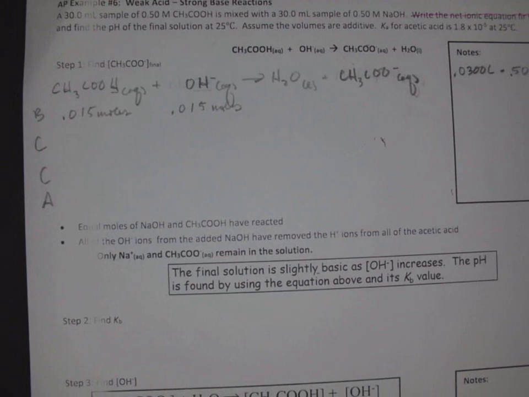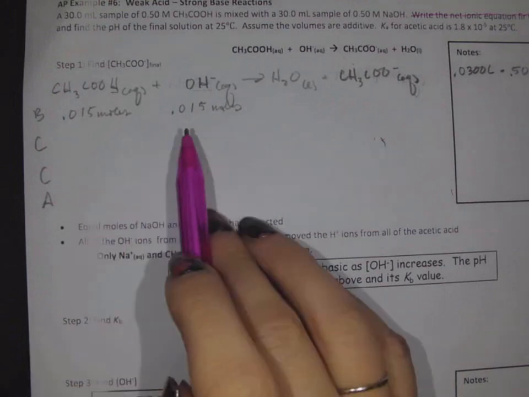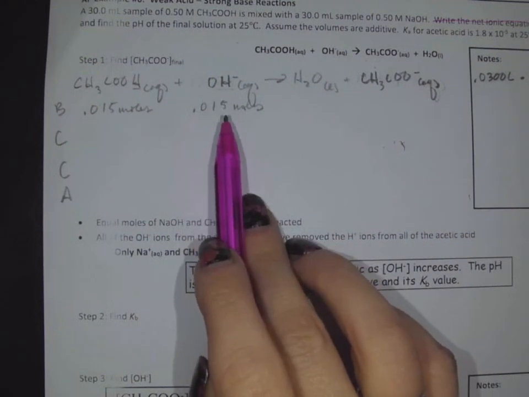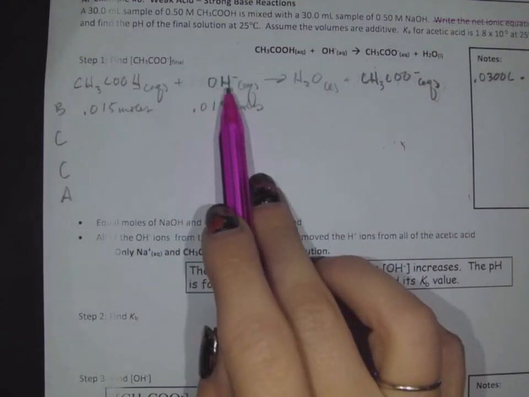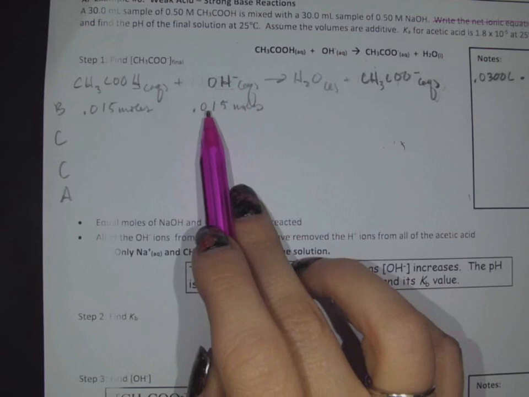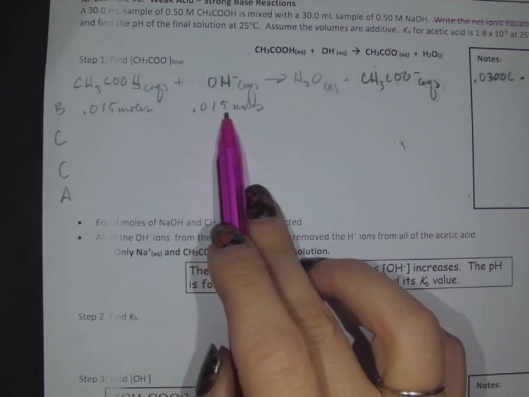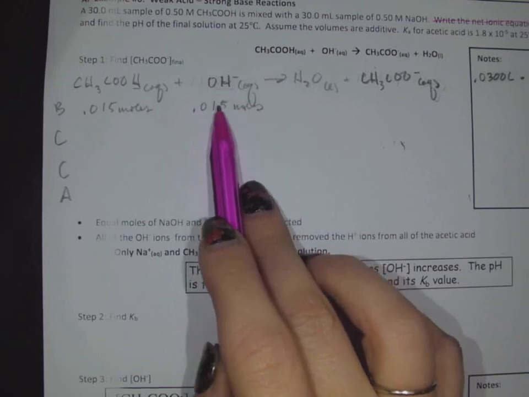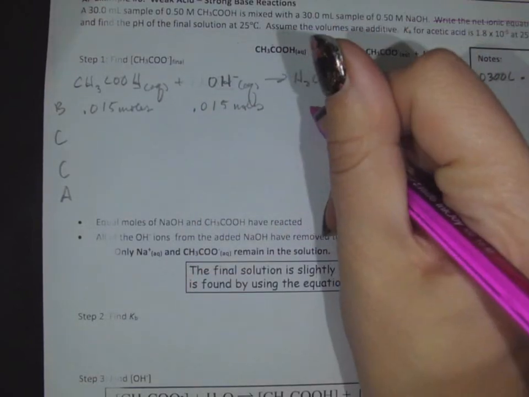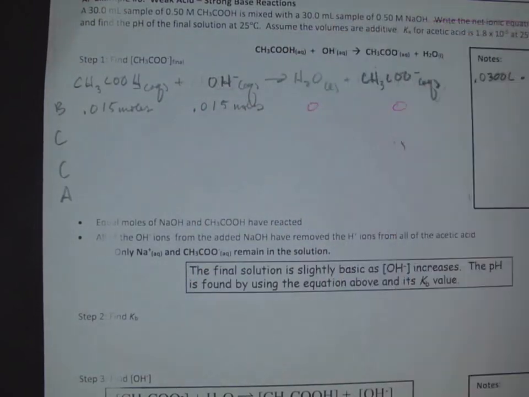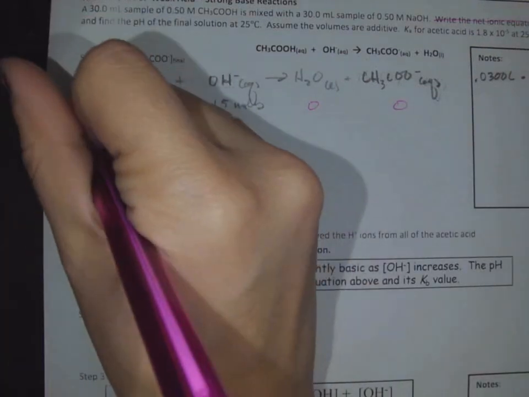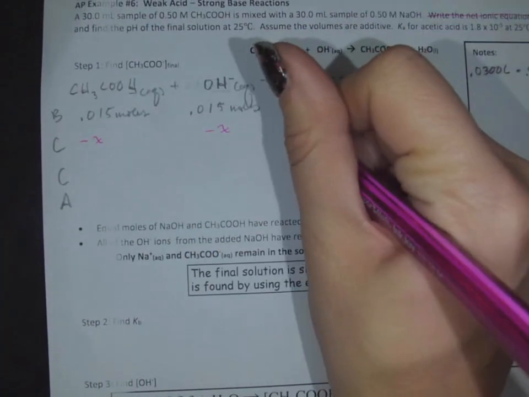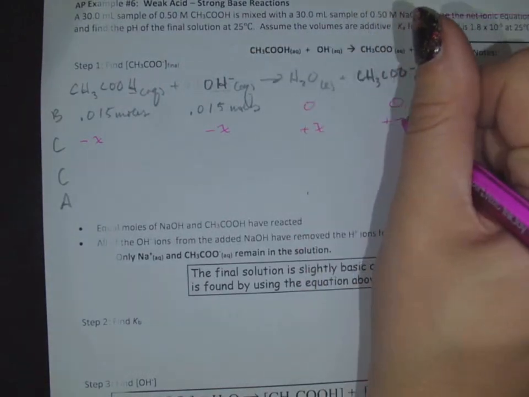Okay, now that I've updated that, I'm going to go back to my pen. Because this is a strong base, the moles are equal to the moles of hydroxide. So since we had 0.015 moles of sodium hydroxide, we also have 0.015 moles of hydroxide. So then we can keep going. Starting off with 0, our reactants are going to be minus, our products are going to be plus.